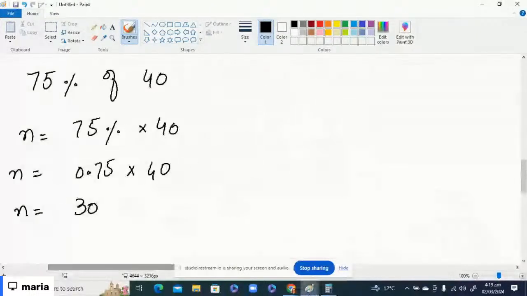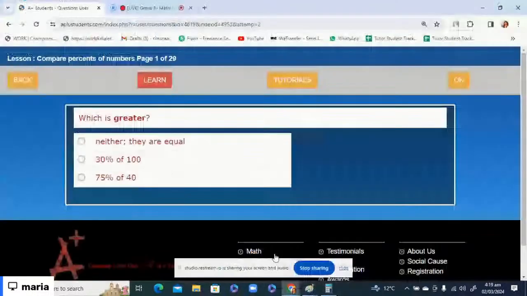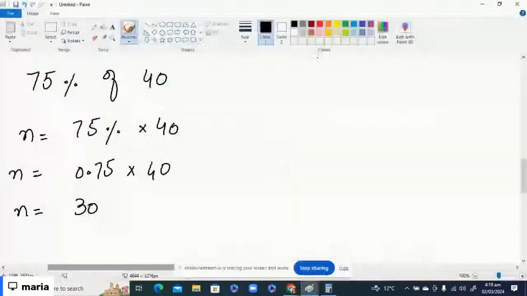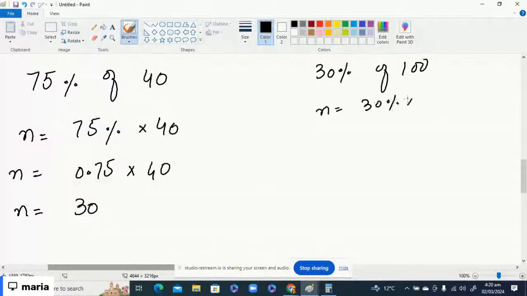Okay, let's do the next. What is the next? Which is 30% of 100. So n is equal to 30% times 100. So n is equal to, what is 30%?